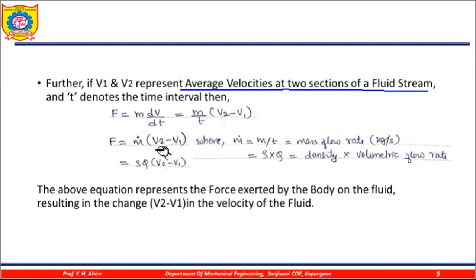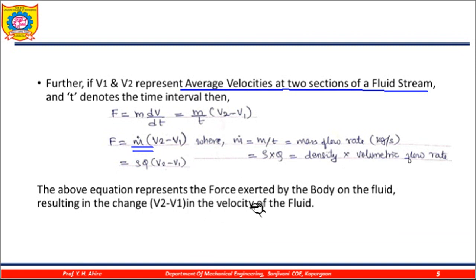Therefore F can be written as m by t, or m dot, into (v2 minus v1), where m dot means m upon t. It means mass per unit time, the mass flow rate. Mass flow rate is rho into Q, density into volume flow rate. So F is equal to rho Q into (v2 minus v1).